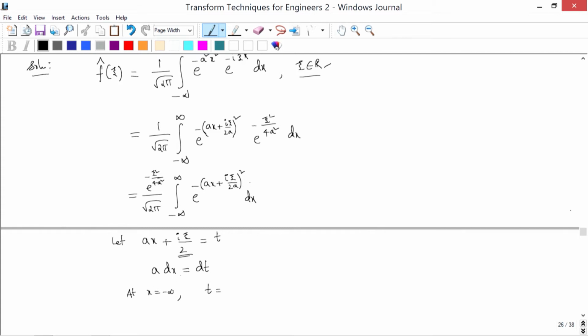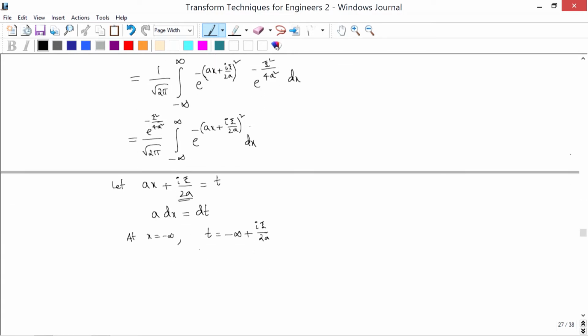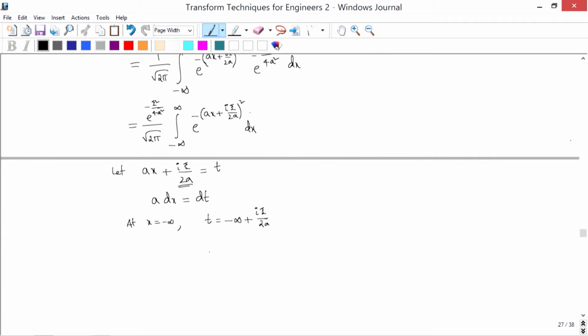So if I choose a positive, a into x will be minus infinity plus i xi by 2a, and this whole thing is constant. At x equal to plus infinity, t becomes plus infinity plus this constant.